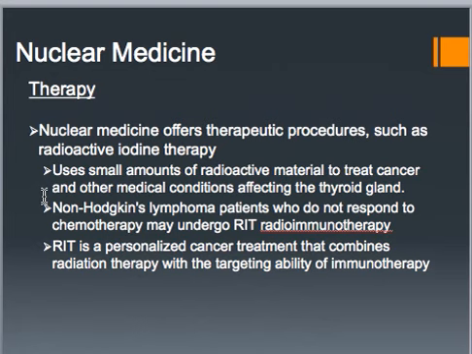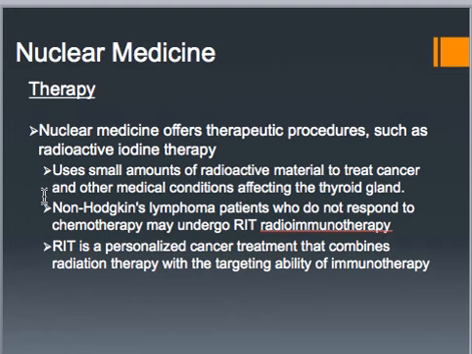And there's also radioactive iodine therapy, which uses small amounts of radioactive material to treat cancer, especially like thyroid cancer. They can also use it for patients with non-Hodgkin's lymphoma who don't respond to chemotherapy. They can use the RIT, the radioimmunotherapy. There's a lot of different things that they're finding nuclear medicine is good for.